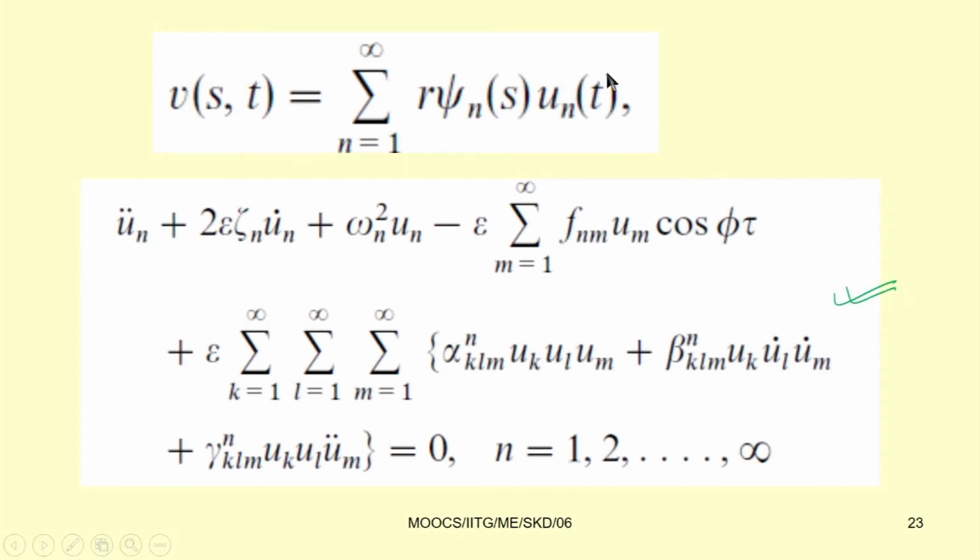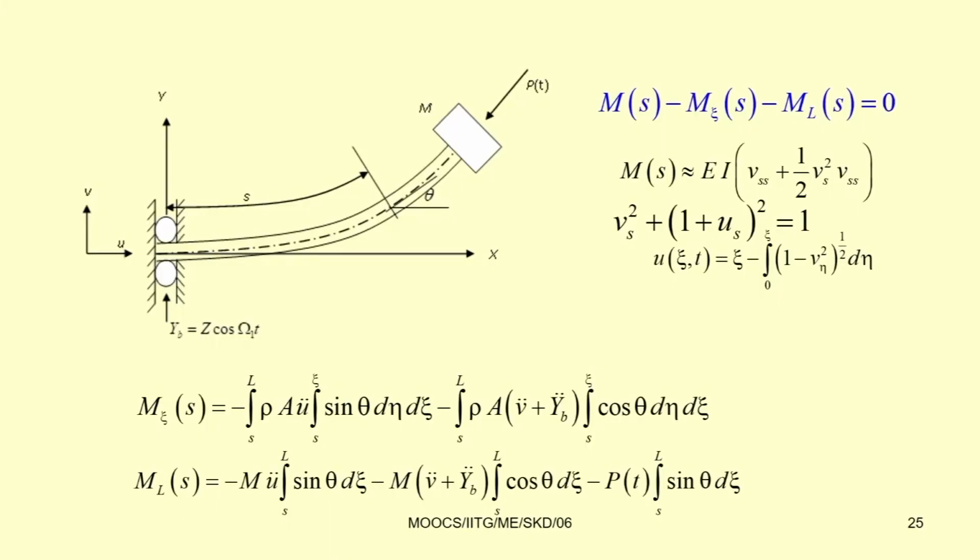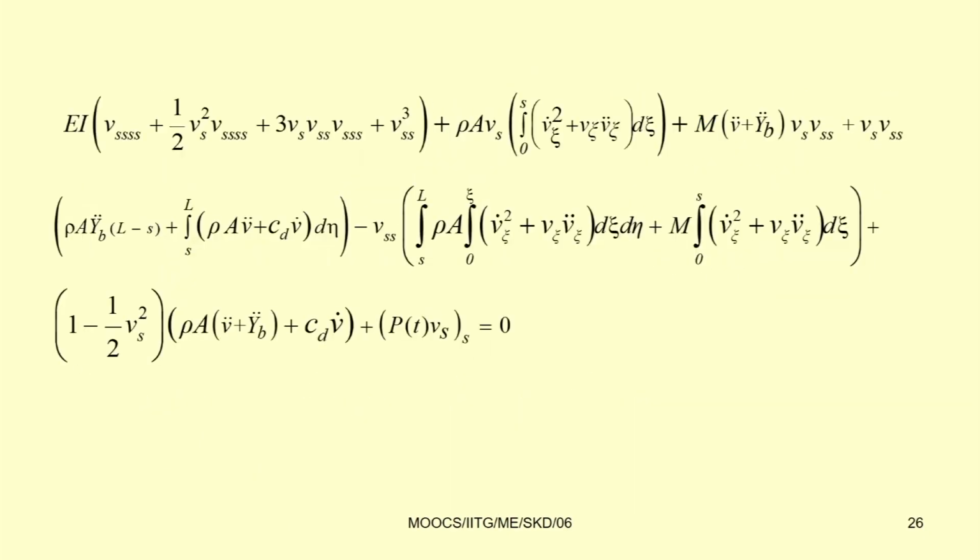By substituting this in the spatio-temporal equation, and since this shape function may not be the exact eigenfunction, there will be some residue. By minimizing this residue, one gets the temporal equation of motion.